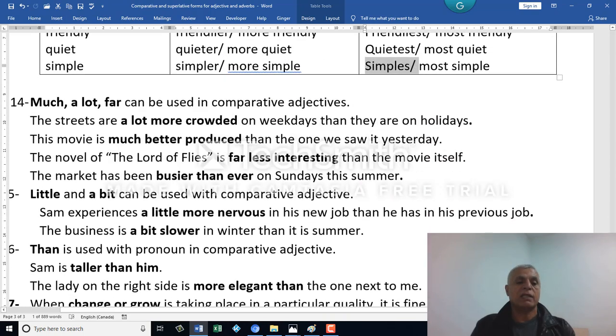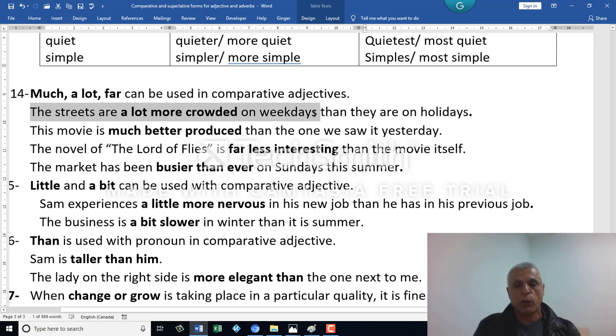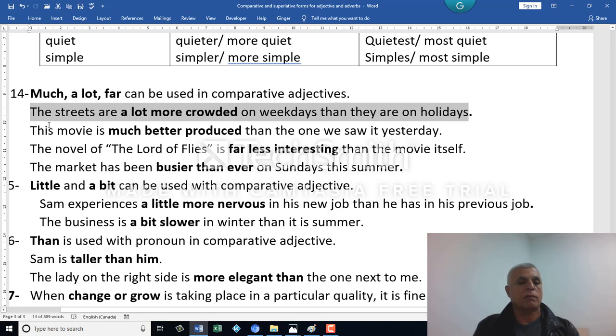Sometimes we add much, a lot, far, which can be used in comparative adjectives when you compare between two things. For example, the streets are a lot more crowded on weekdays than they are on holidays. For example, here we have second sentences.